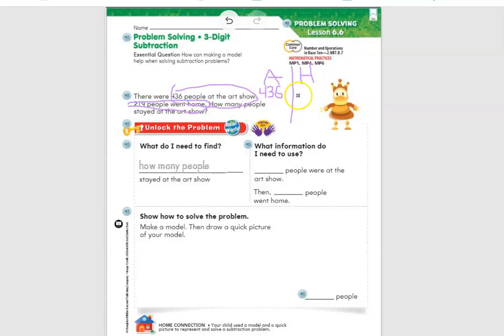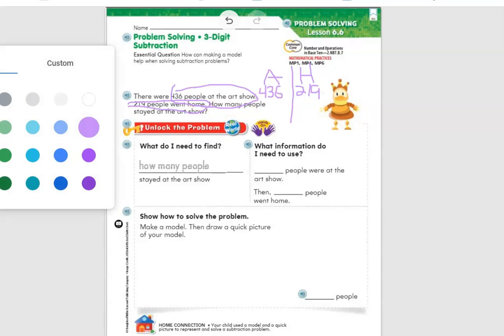So 219 went home. I started off with 436. 219 went away. So now we've got to figure out how many are left over, right? Well, the only way we're going to do that, let's change colors here and let's start to draw a picture. So let's look at the problem over here.